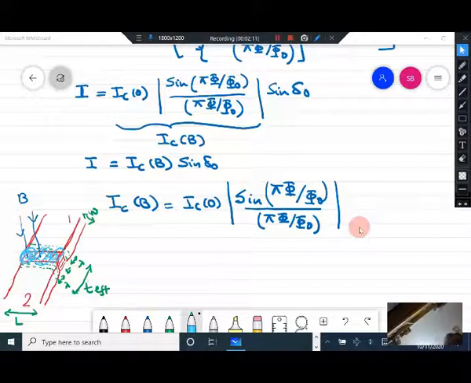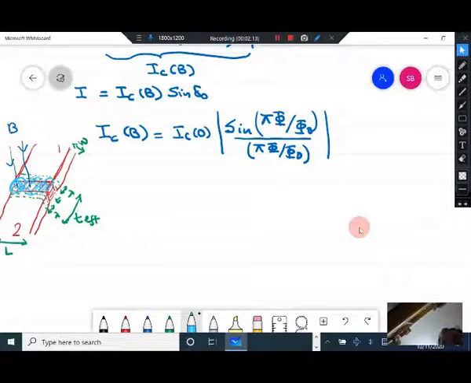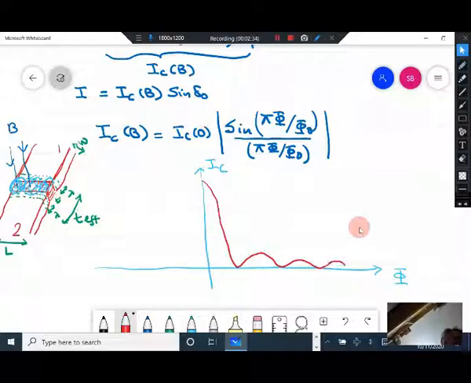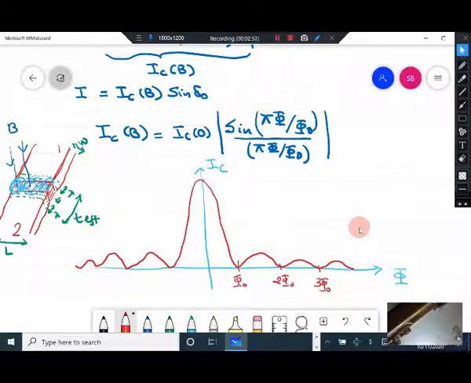Now this expression is basically like Fraunhofer's diffraction. If I plot this I_C as a function of phi, then it will basically look like the Fraunhofer diffraction pattern, where the first minimum is at phi naught, the second minimum is at twice phi naught, the third minimum is at 3 phi naught, and so on.